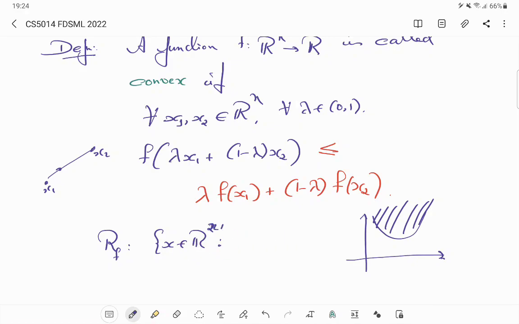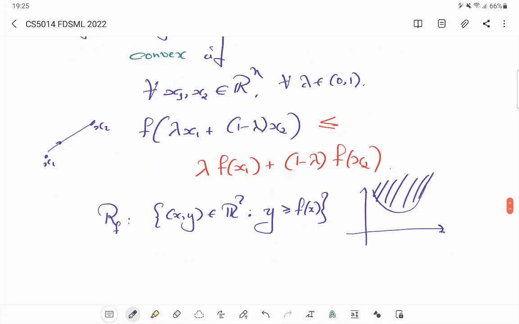In general, you will be talking about points in R n plus 1. Here let me write it: (x, y) element of R squared such that y is greater than or equal to f of x. That is this shaded region here.